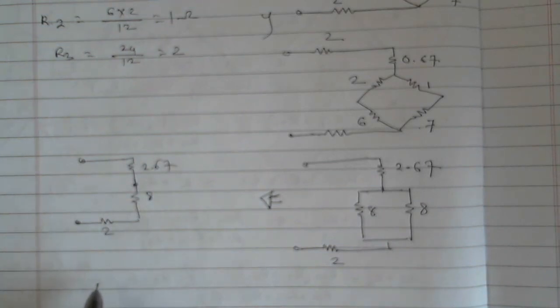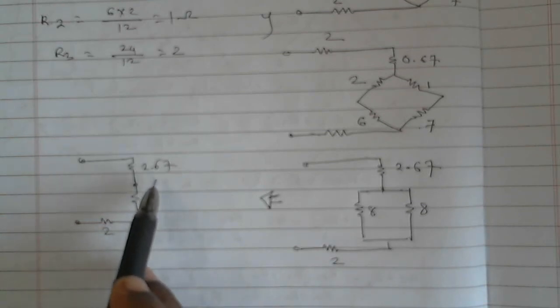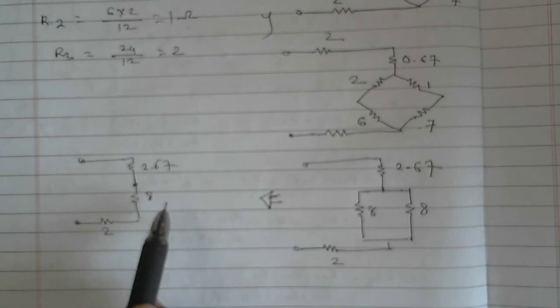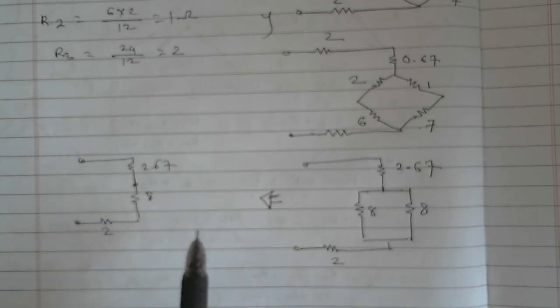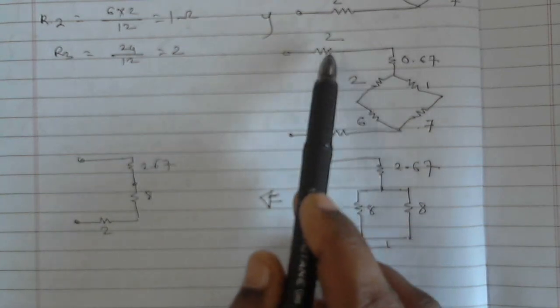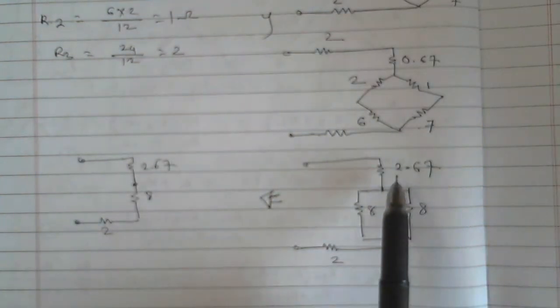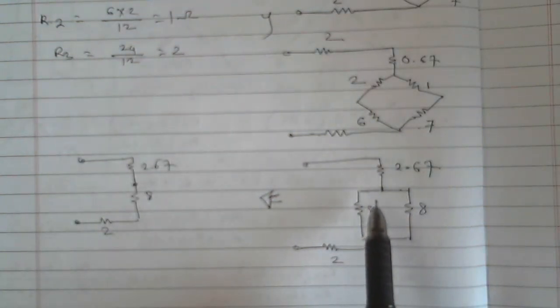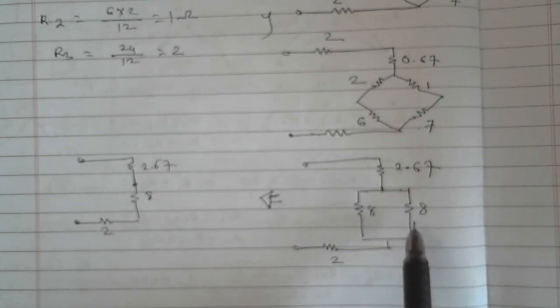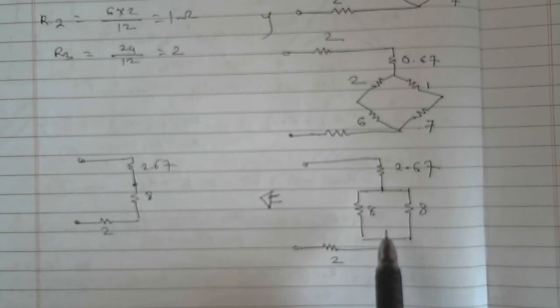Total resistance is, just a minute, why is it showing wrong? 0.67 plus 2 is 2.67.